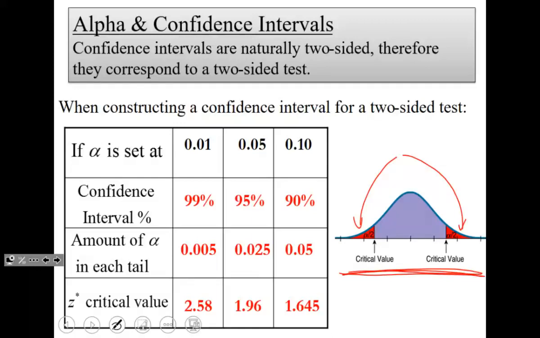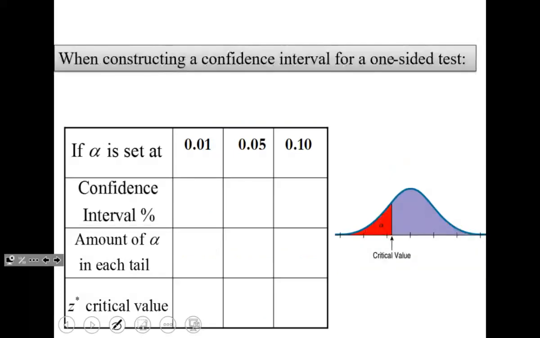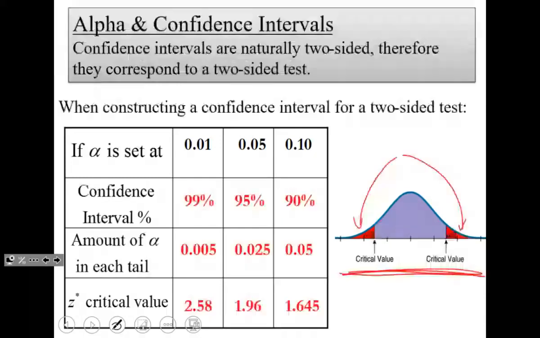Right? So let's go ahead. What if we just had that one-tailed test? Well, if I'm doing a confidence interval for a one-sided test, remember, my confidence intervals are naturally two-sided. We're going p hat plus and minus my margin of error.